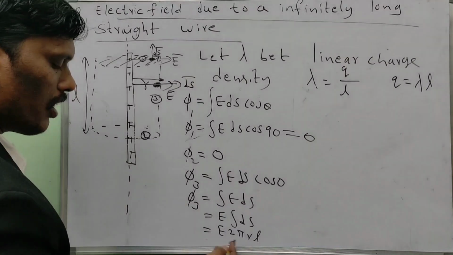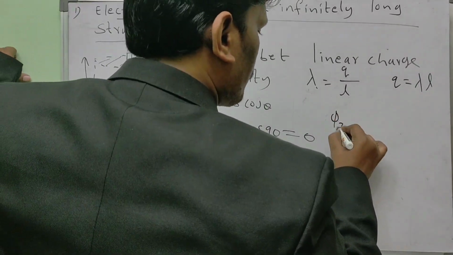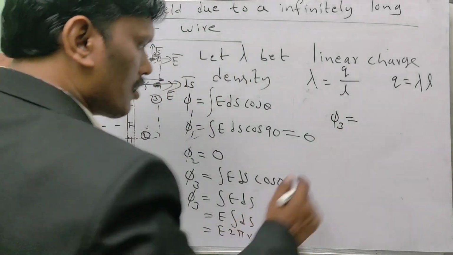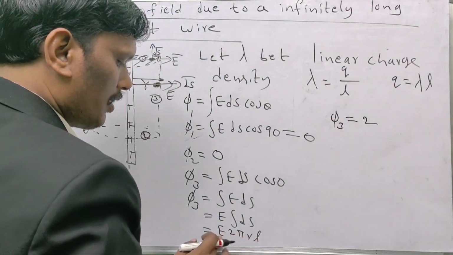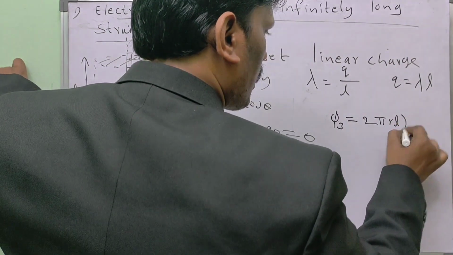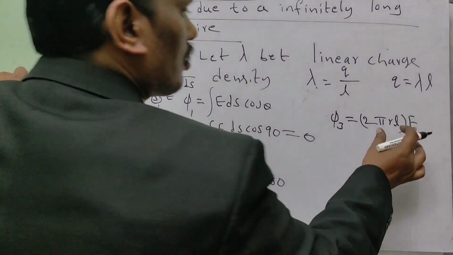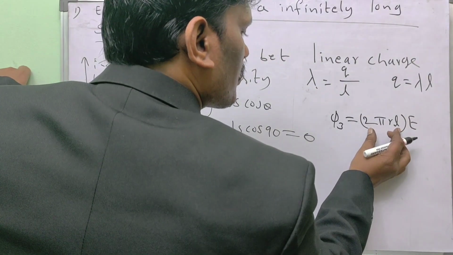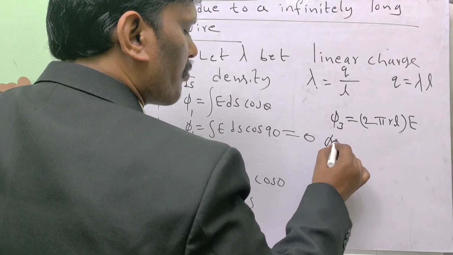Then phi 3, how much did I get? Phi 3 is equal to 2 pi r L times E. That's all. So total curved surface area into E, that is phi 3. Then what is the total flux?